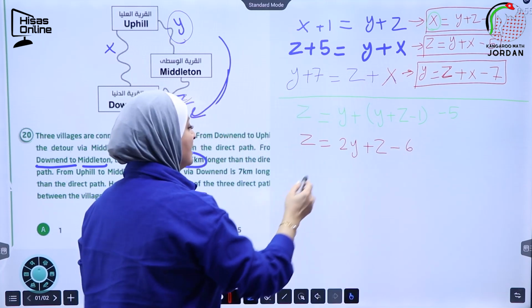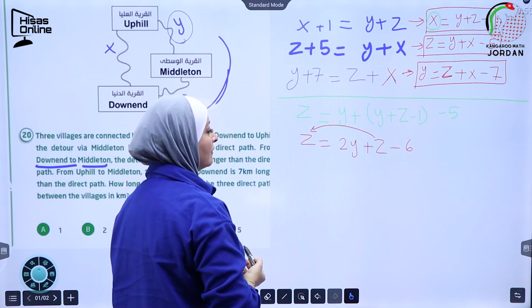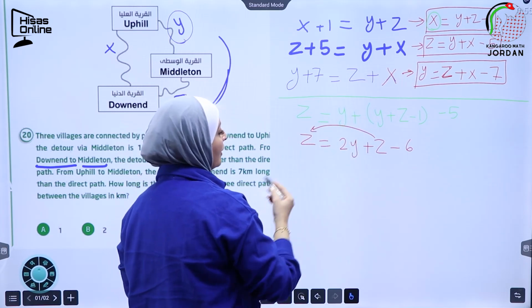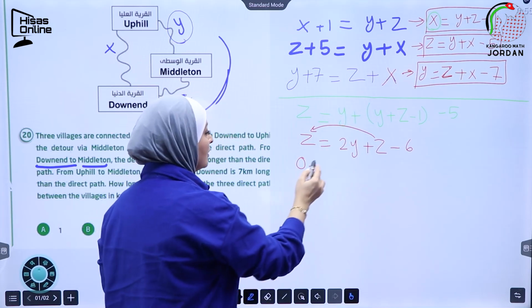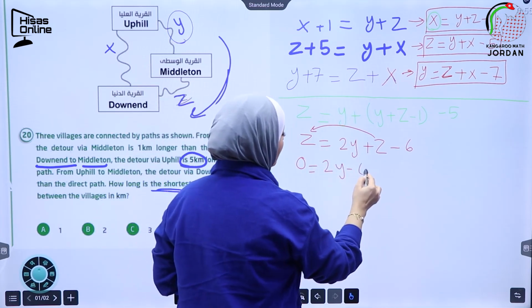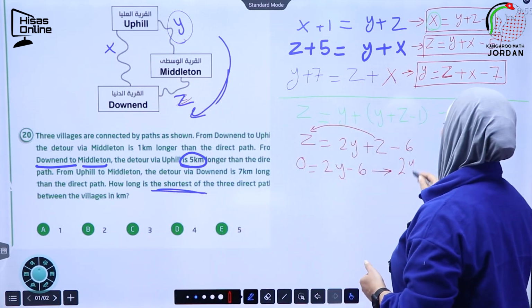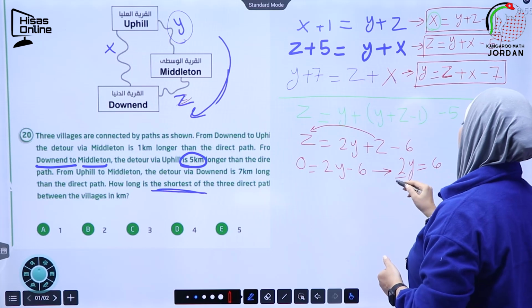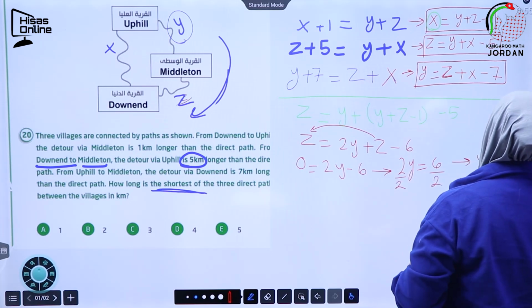Good. Let's continue. If we take this Z to this side of the equation, it gives us 0 because Z minus Z is 0. So 0 equals 2Y minus 6. If we solve this simple equation, we get 2Y equals 6, divided by 2 gives us Y equals 3.